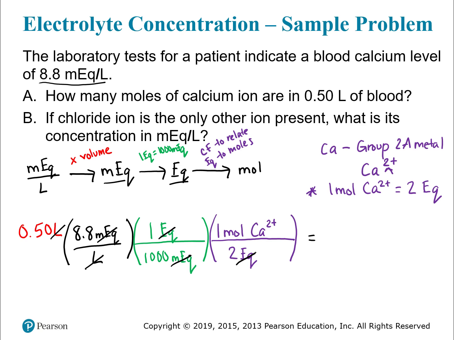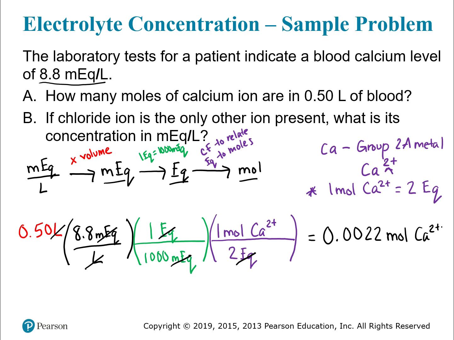We cancel those out, and we're left with moles, and that's where we want to be. When you do that math, and you consider significant figures, you should get 0.0022 moles of calcium ions.